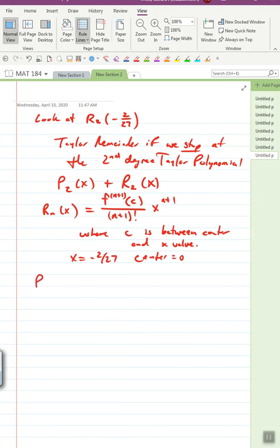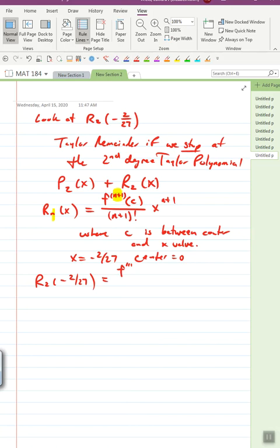So what I can say then is R2 of negative 2/27 is the third derivative, because if it's n equals 2, I want to look at the next derivative.